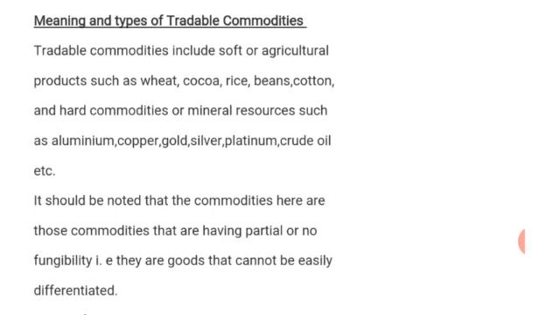If, let's say, Nigerian cocoa is brought forward and Ghana cocoa is also brought forward, and they have not been packed or branded, we cannot easily differentiate the two. That's what they mean by saying they cannot be easily differentiated.